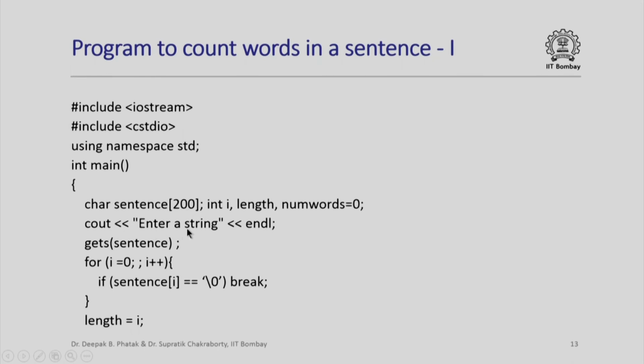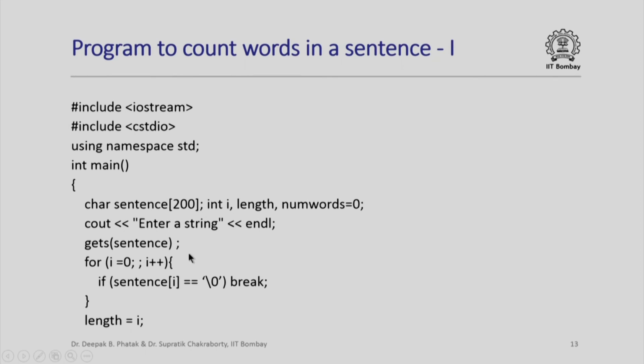I ask the user to input a string and use the gets function. This gets sentence will get whatever sentence we type as input. Please note that if the sentence is shorter than 199 characters, which is what we expect it to be, then automatically a \0 is inserted by the gets statement. So we get a well formed string inside the sentence.